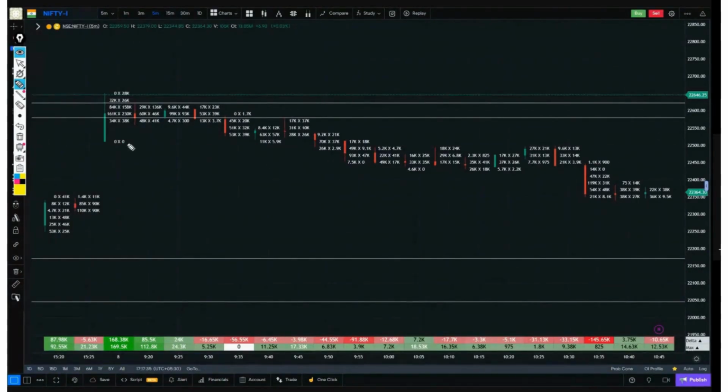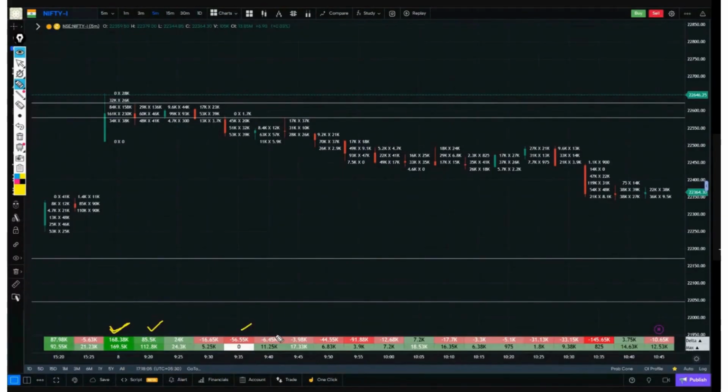Now, how are we going to read the footprint? Here, you will see two types of delta values. Like the first candle has a very large delta. Without discussing negative or positive, let's just talk about delta; it will include both negative and positive. Near 1 lakh delta, 85,000, 50,000.